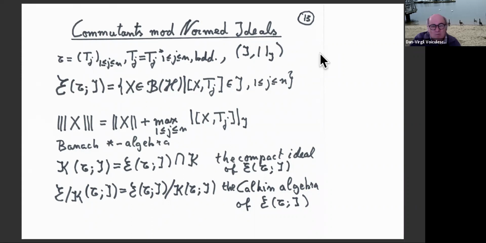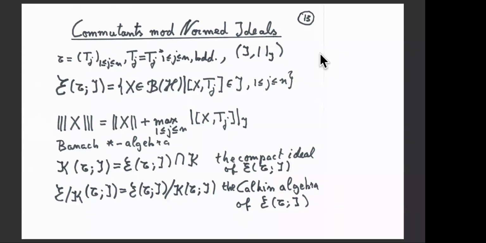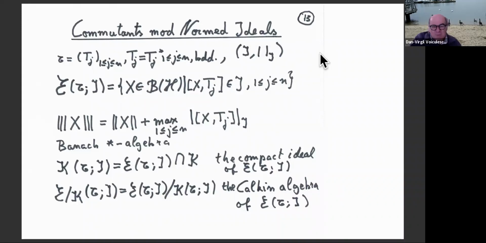And now I look at the commutant of tau modulo I. So I'm looking at all the bounded operators X such that the commutators of X with Tj are in I. Then the natural norm on such an algebra is the sum of the uniform norm plus the max of the I norms of the commutators of X with Tj. And this is a Banach star algebra, this E tau I, the commutant mod I of the N-tuple.